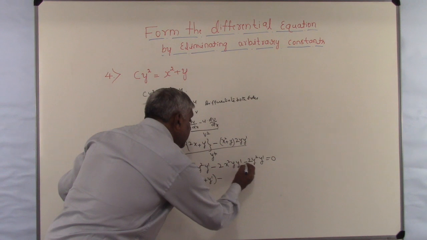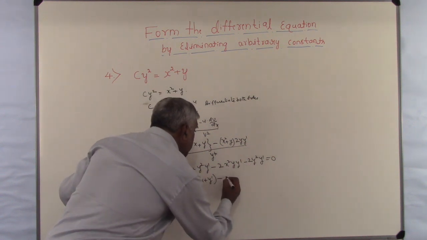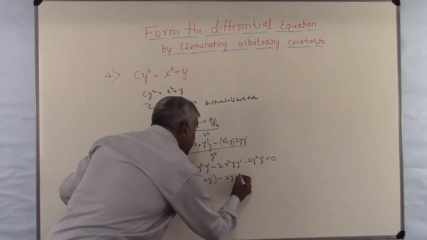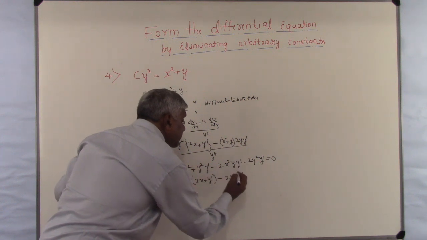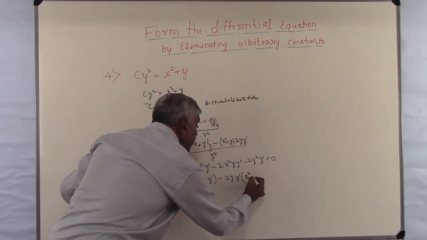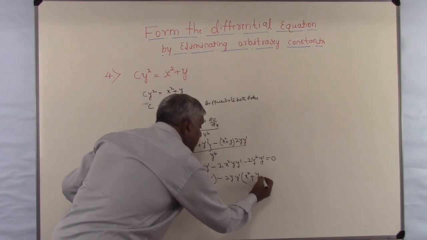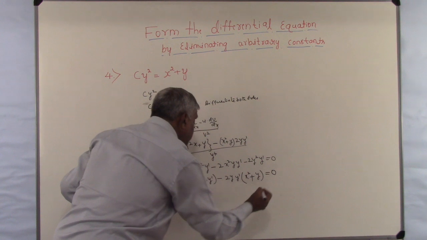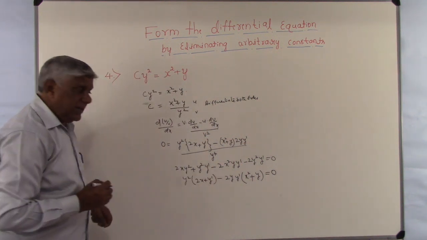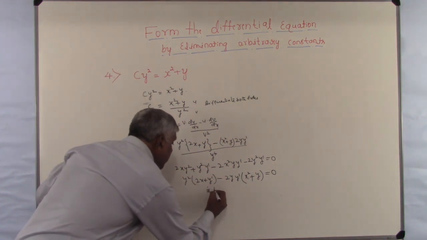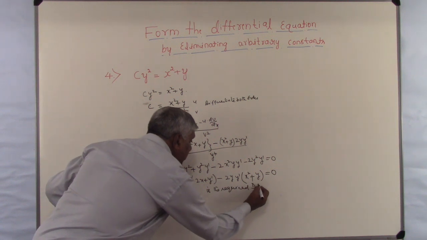Minus 2y y dash, we have taken common, x square plus y. This is equal to 0. So this is how we get the required differential equation.